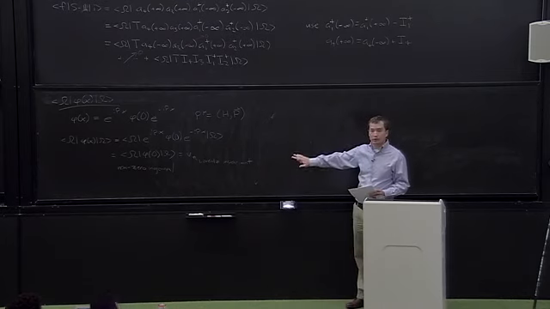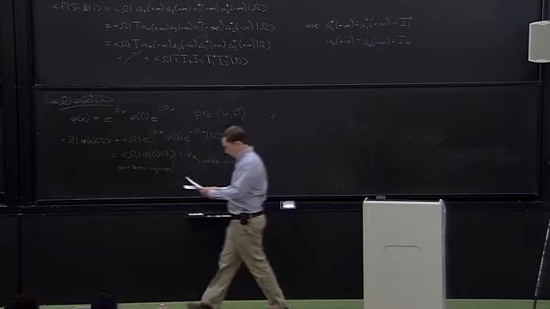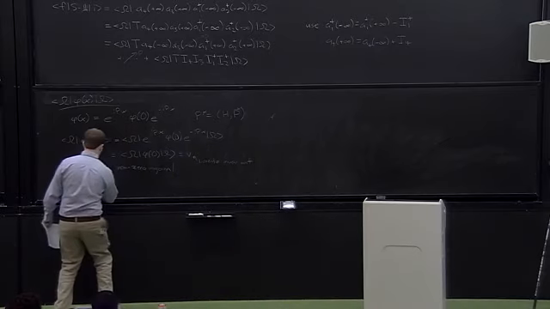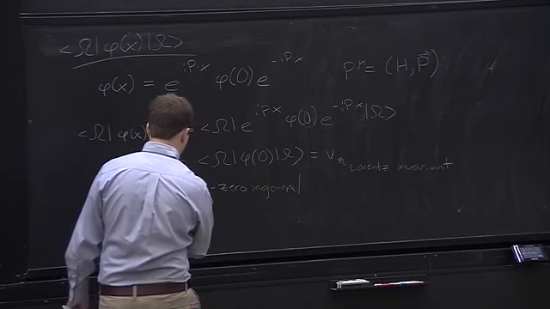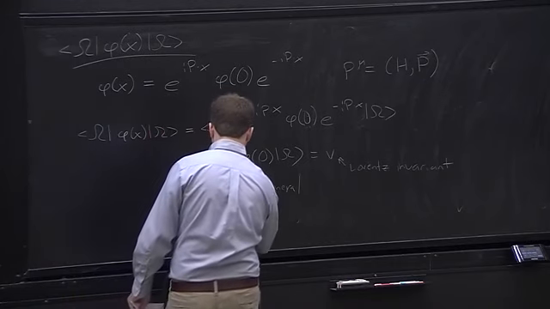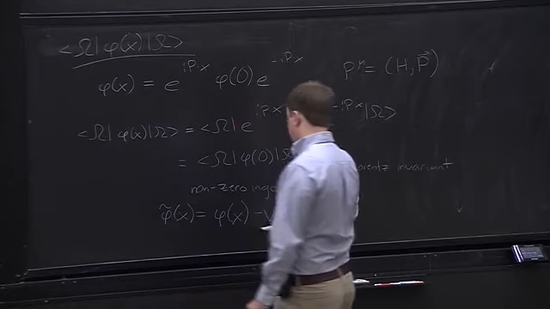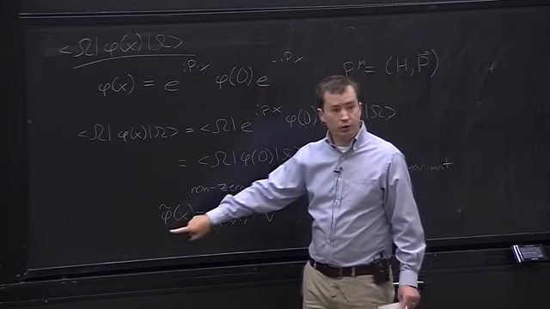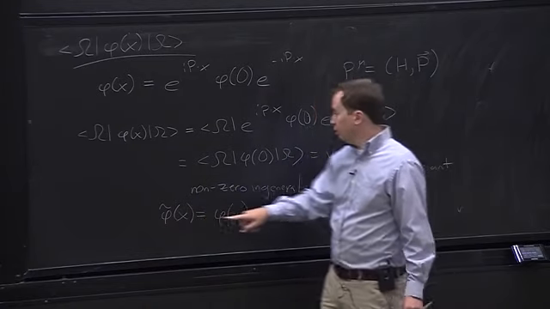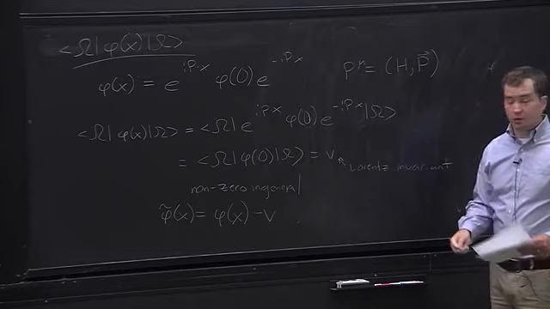Fortunately, we can fix this rather easily just by redefining our field operators. So if we define a new field operator to be phi tilde of x, which is just phi of x minus v, so just a shifted version of our field operator, then our new field operator will have 0 vacuum expectation value.